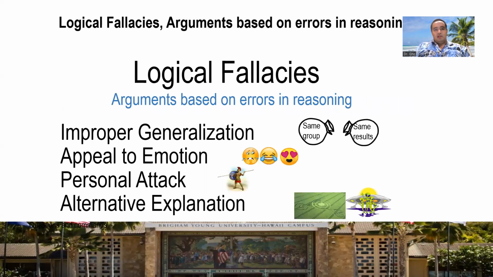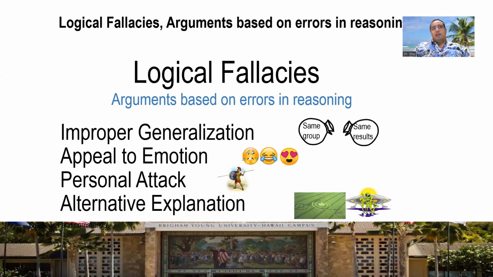Conditional statement. Let's talk about some logical fallacies. These are arguments that are based in flawed areas of reasoning, and by no means is what we have, the four ones that we identify here, a comprehensive list. There are quite a few, but these are the ones we'll talk about in this class. Improper generalization.